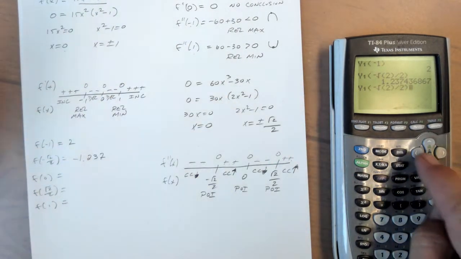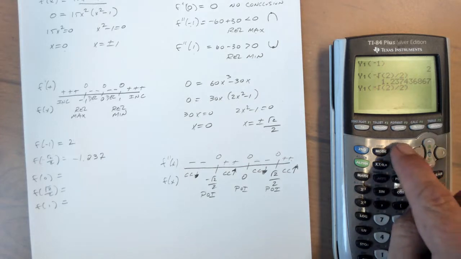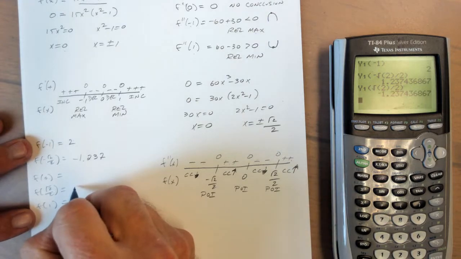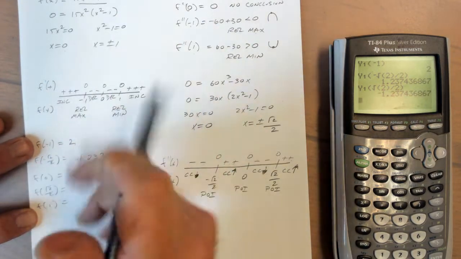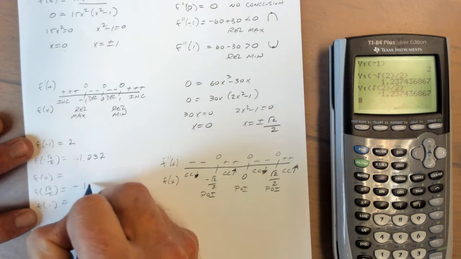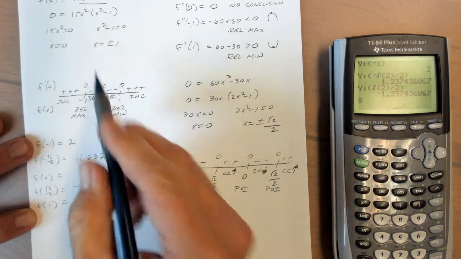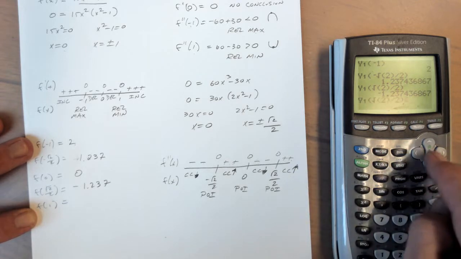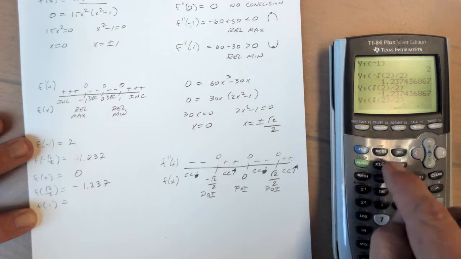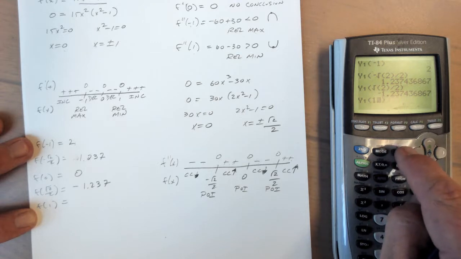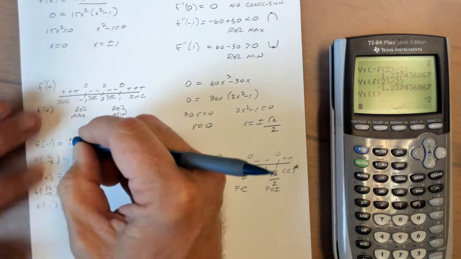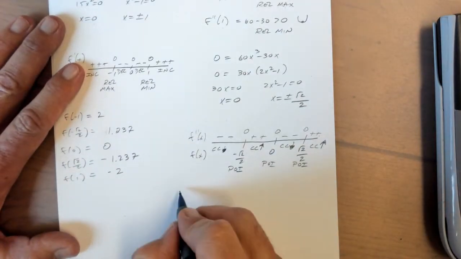Second enter again, I'll just delete the negative, and this one was a negative 1.237. I can see that f of 0 is 0. And one last time, I'm going to substitute 1, delete the other values, and we get -2. So I've got the function values that I want.